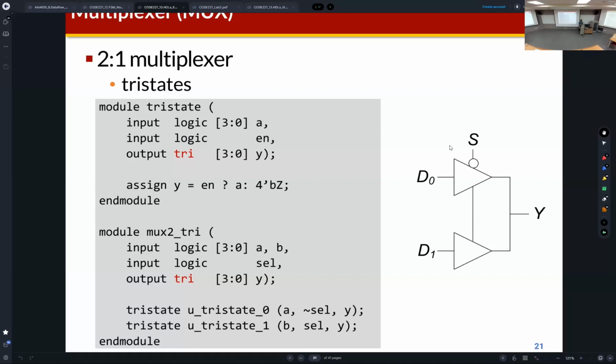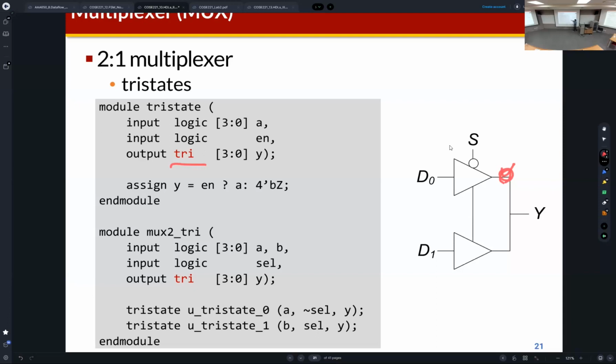In order to design the tri-state gate, the output of the tri-state gate needs to be declared as a tri, because this signal will have high Z, which means the high impedance output.